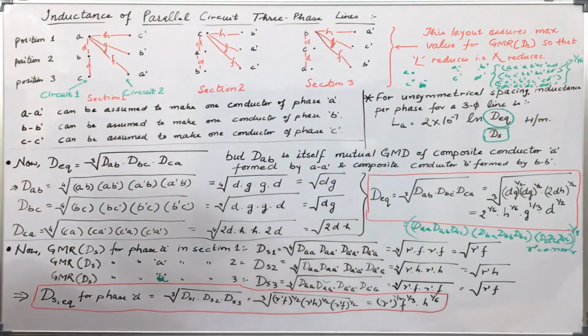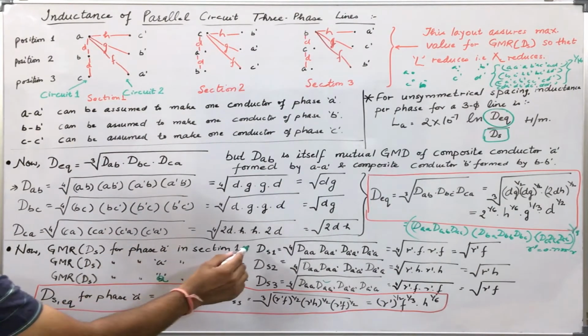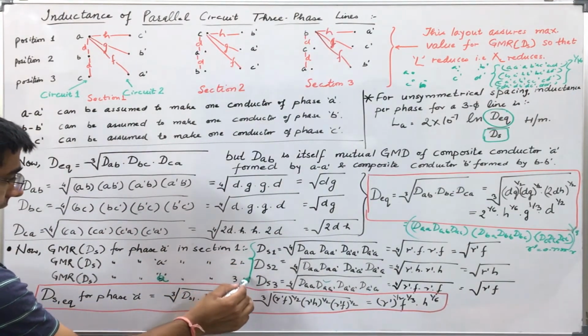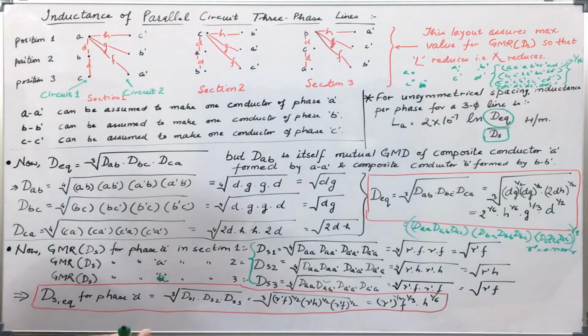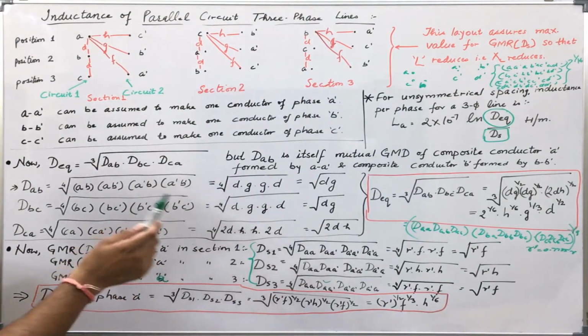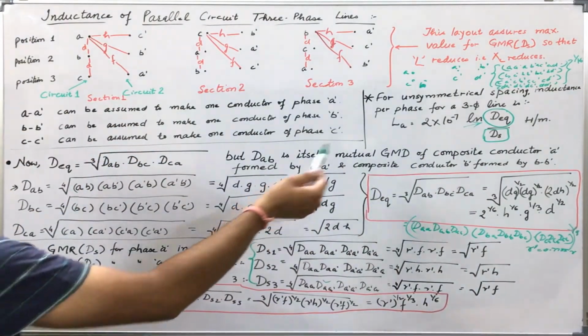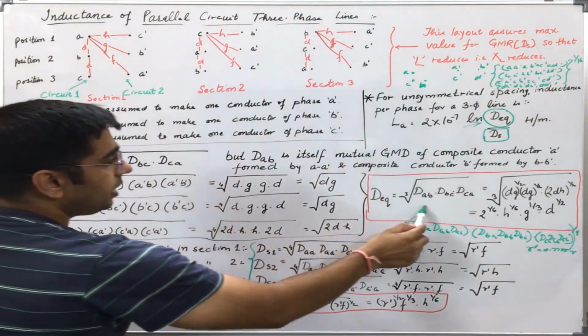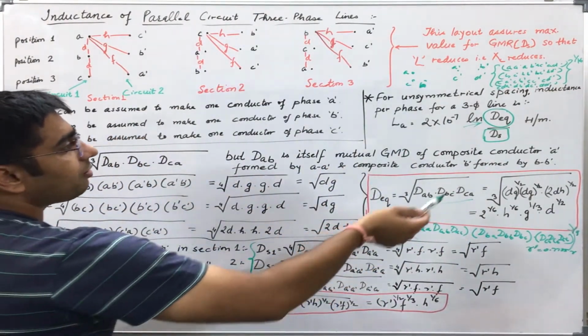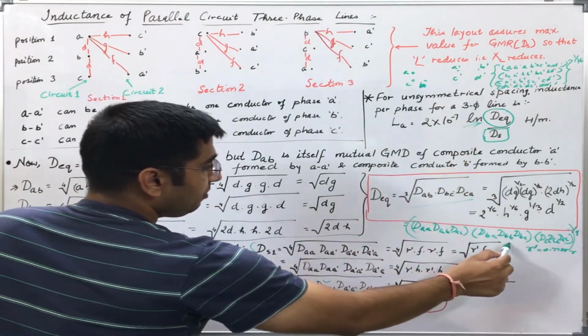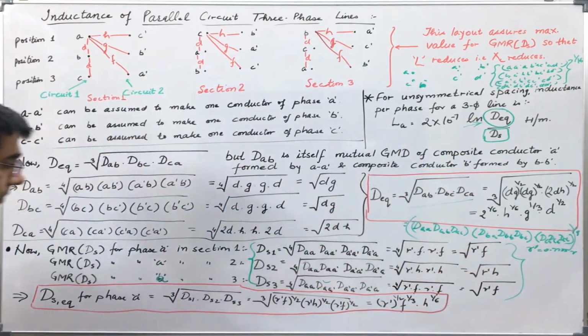Now, as I already told, to find the equivalent of these three, I will have to take only the geometric mean, similar to this. To find the equivalent distance, I took the geometric mean only. Similarly, to find the equivalent GMR, I will take the mean of these only.